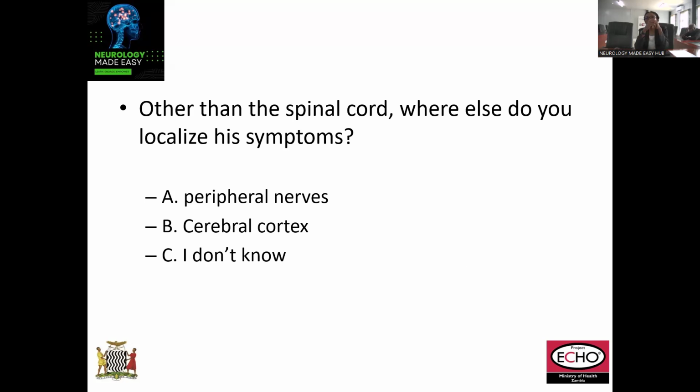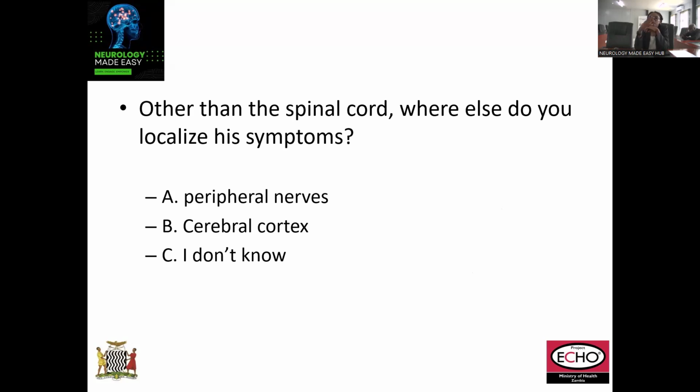So 76% choose the cortex. We have 21% that are saying the peripheral nerves. So the answer here should be the cortex.